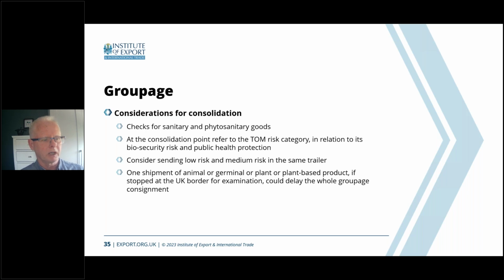One shipment, for example, of animal or plant-based products stopped at the UK border for examination could delay the whole groupage consignment. So it is imperative that you check before you actually move the trailer, and you check every shipper's details in that trailer, to make sure that your documentation is correct and is not going to cause you any problems later on down the line. So moving on to the next slide, please.